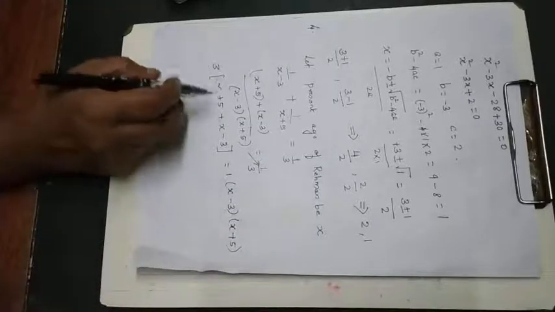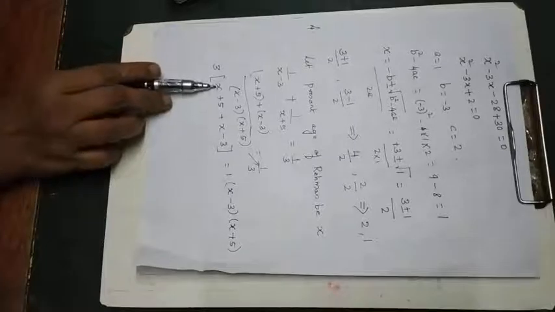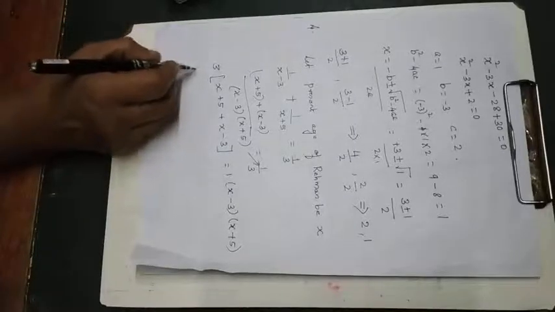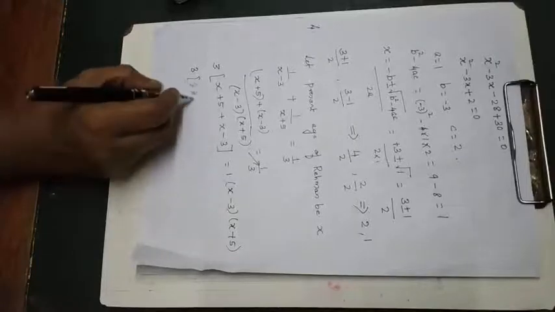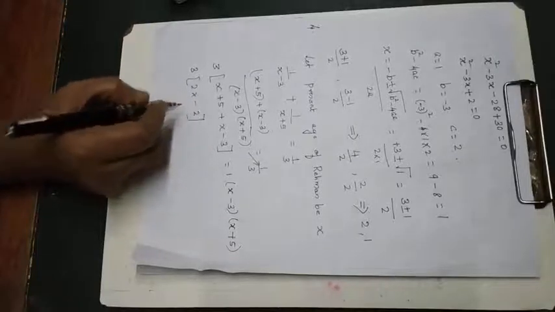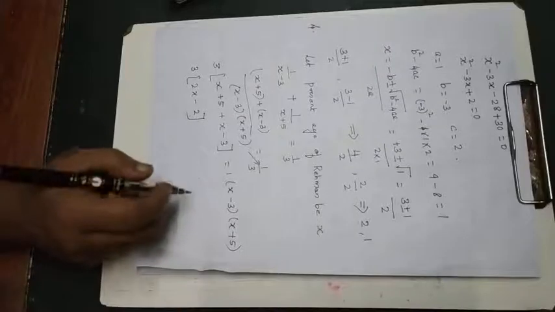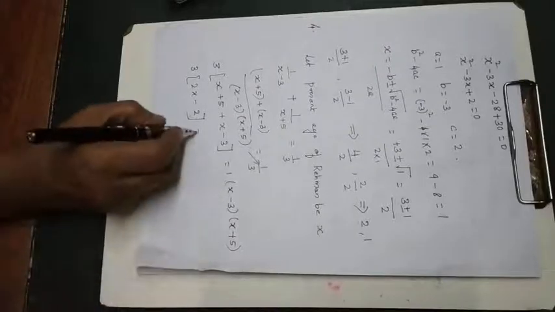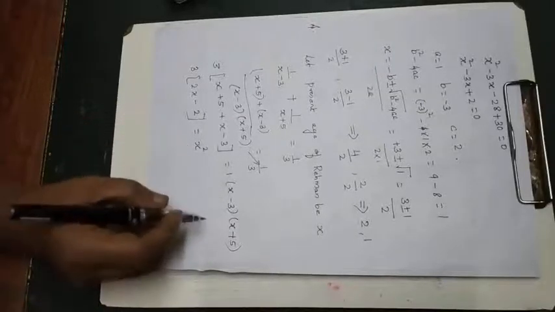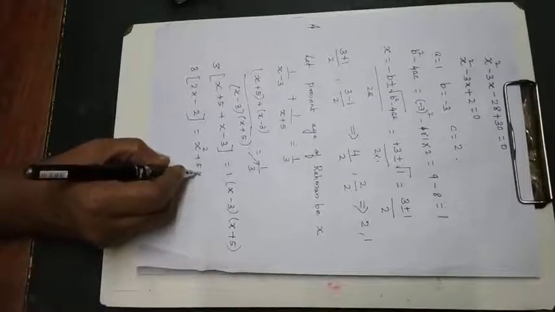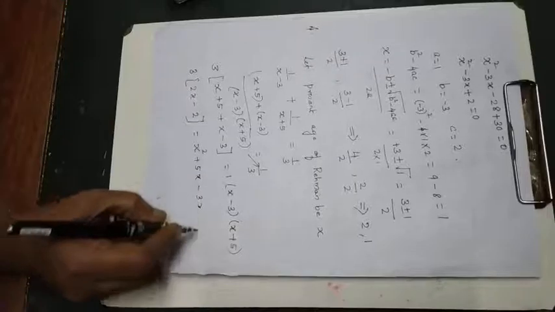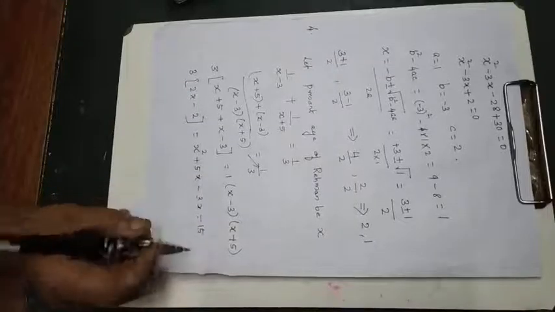Now open the bracket, you are getting 2x. 3 into 2x, 5 minus 3, 2. Okay, 2x minus 2. Here when you are opening the bracket, you will get x square, then plus 5x minus 3x minus 15.